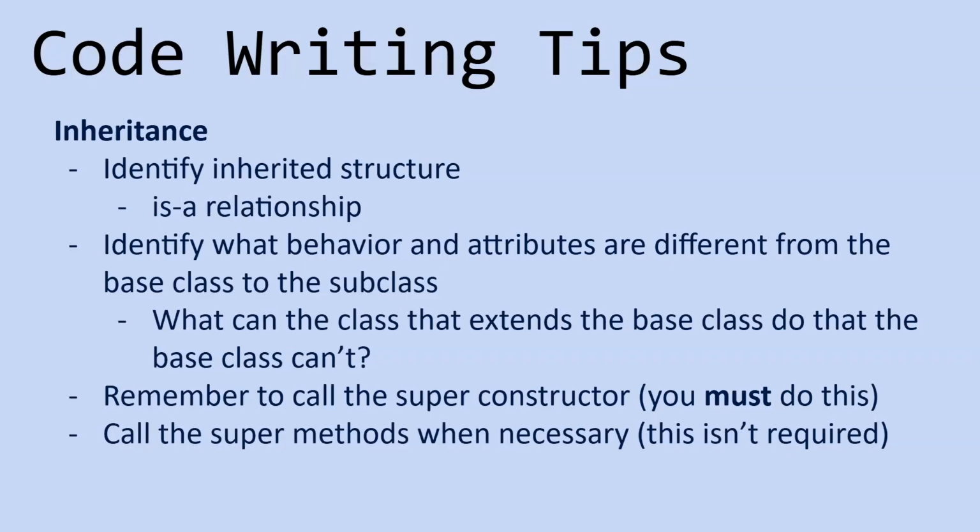So for the previous example, all trees have leaves, or I guess needles if it's an evergreen tree. So that's why the numLeaves instance variable was in the tree class, but not all trees have acorns, so that's why the acorns instance variable was in the oak tree class.